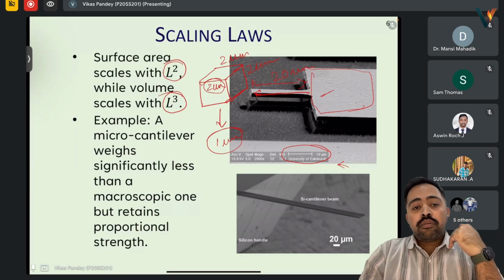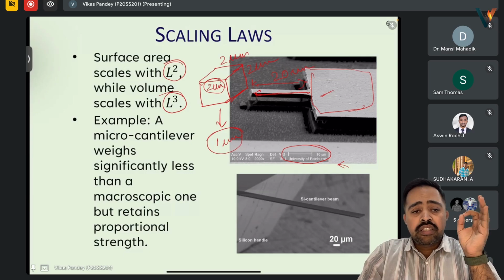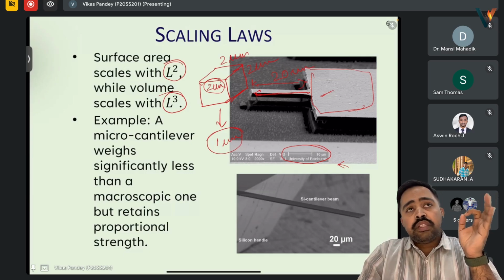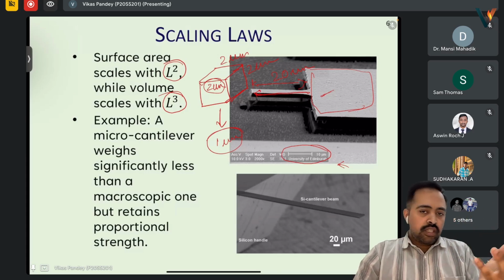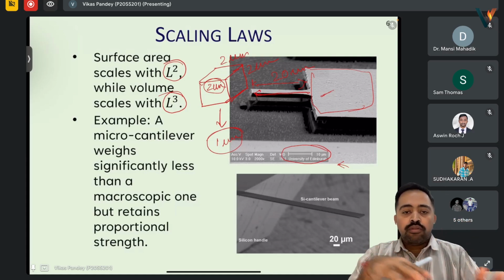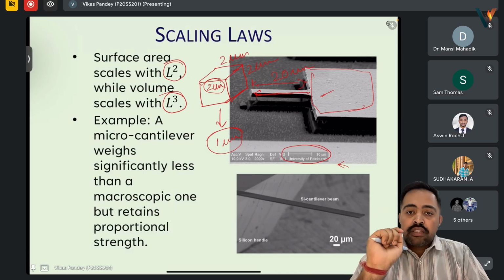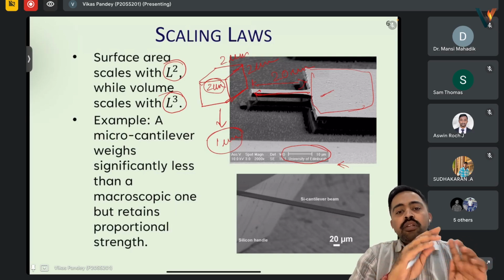But when we talk about micro cantilevers or micro scale devices, the strength equations are still in play, like what will be the force and all those things. But since the weight has reduced a lot, this will be fine and it will be firmly held.